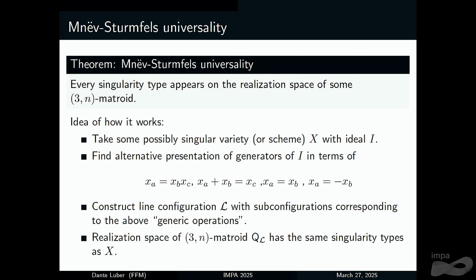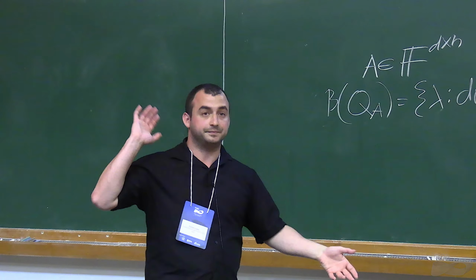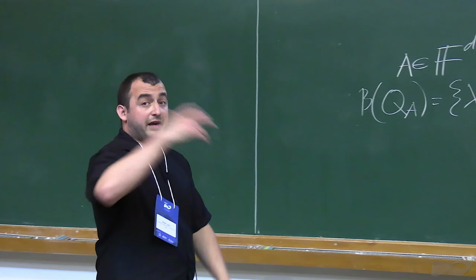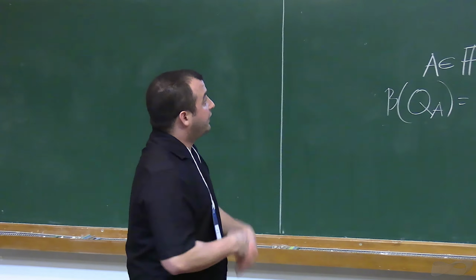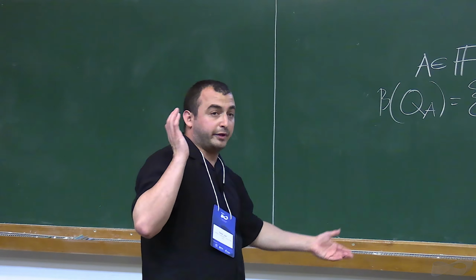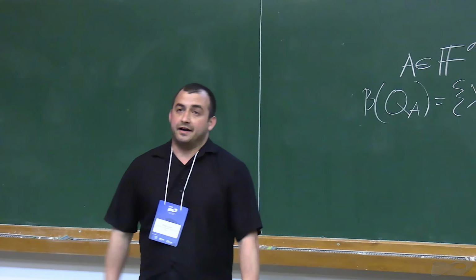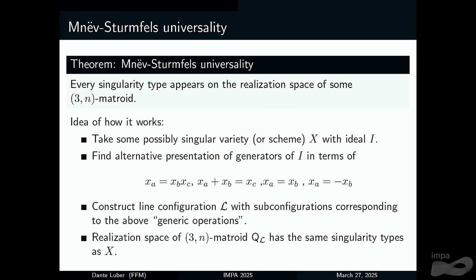And then you can construct a line arrangement that has a subconfiguration corresponding to each of the generic operations you use to construct your presentation of the ideal. You extract a matroid from that line arrangement. That gives you a realizable matroid. And it turns out that the realization space of that matroid has the same singularities as the variety you started with.